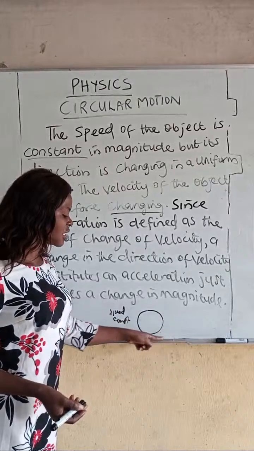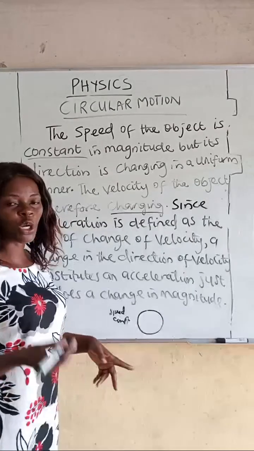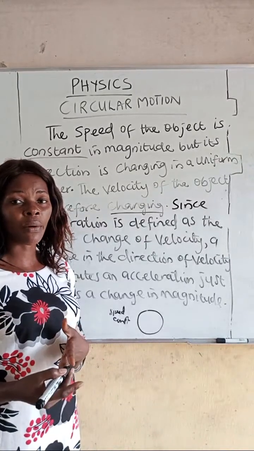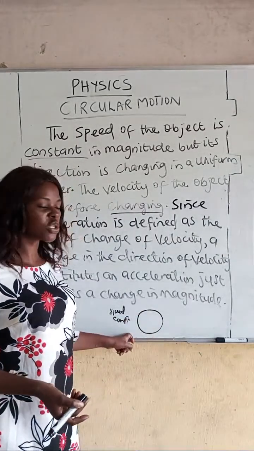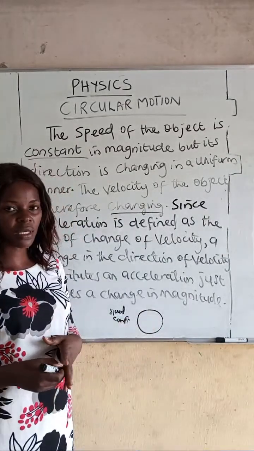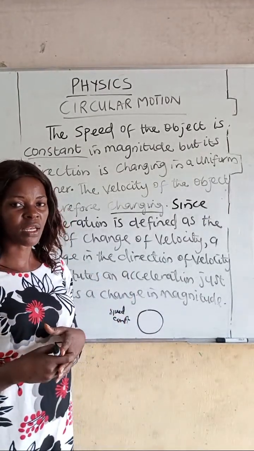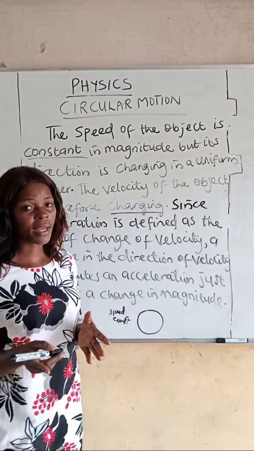So as the velocity is moving in a circular path and the direction is equally changing, the velocity consists of acceleration, because we use velocity to derive our acceleration. So it constitutes an acceleration which is directed towards the center of this circle. And that acceleration is what we say to be centripetal acceleration. I'm going to explain that after this one. I hope they are clear.